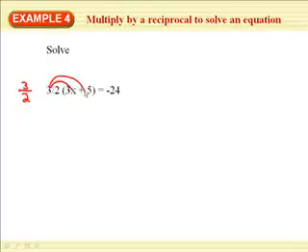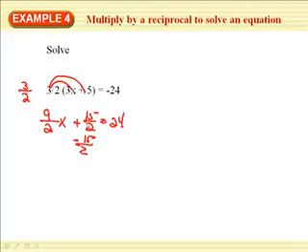And then you'd have to come up with all these fractions. It'd be 3/2 times 3x would be 9 halves x plus 15 halves equals 24, and you'd have to minus 15 halves. Yuck. I don't like that. Let's do things the easier way.